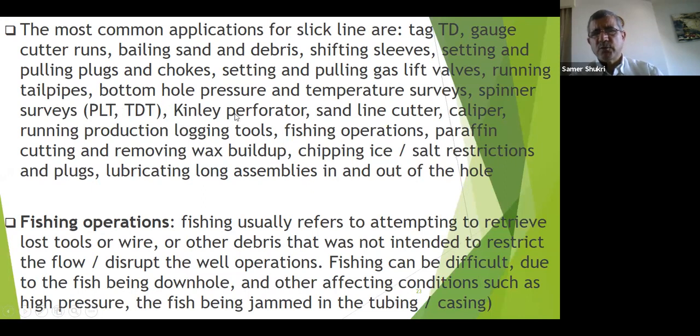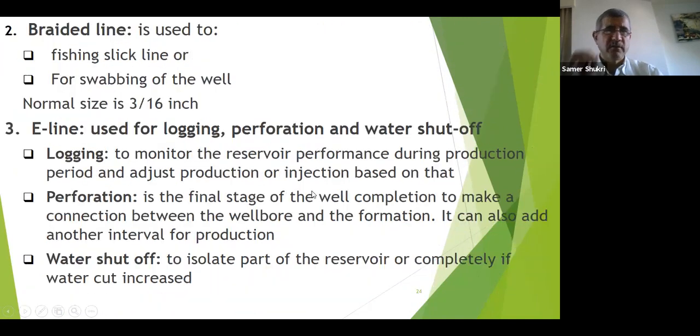We also want to do correlation for any zone, for perforation, for everything, so we can use it with wireline. We call it wireline, including slick line and electric line. Fishing operations, we have these also. If we have any problem in the well, we can fish it.